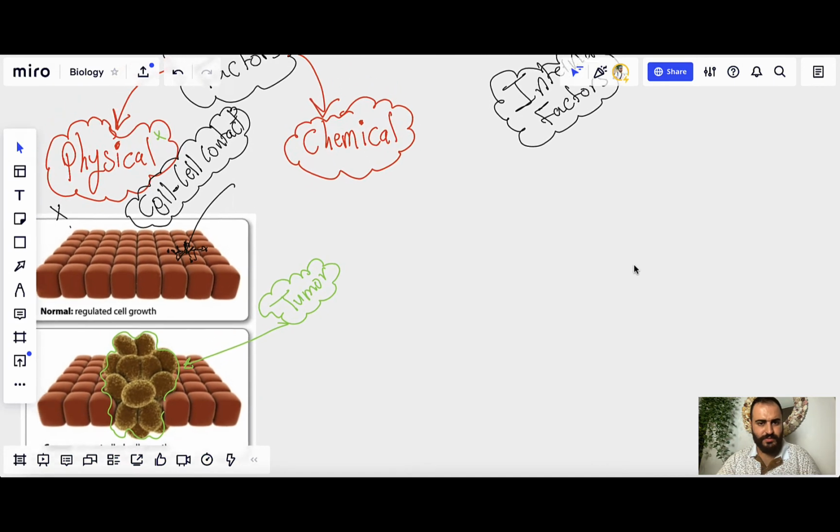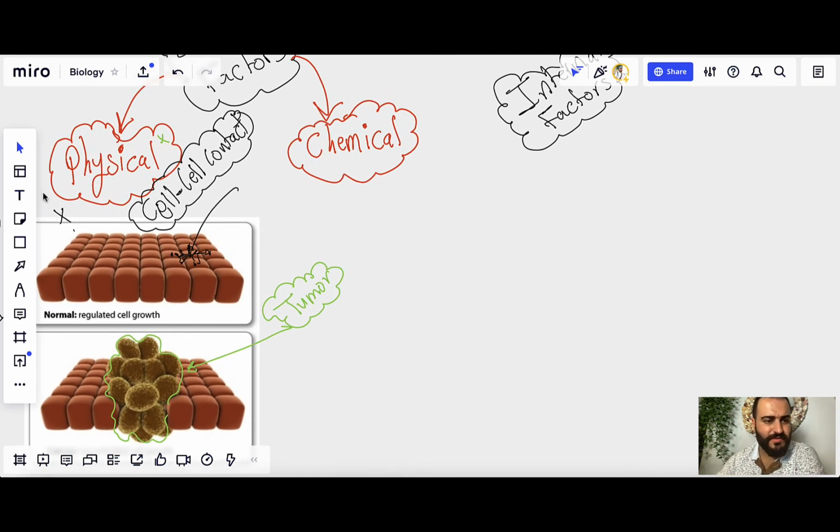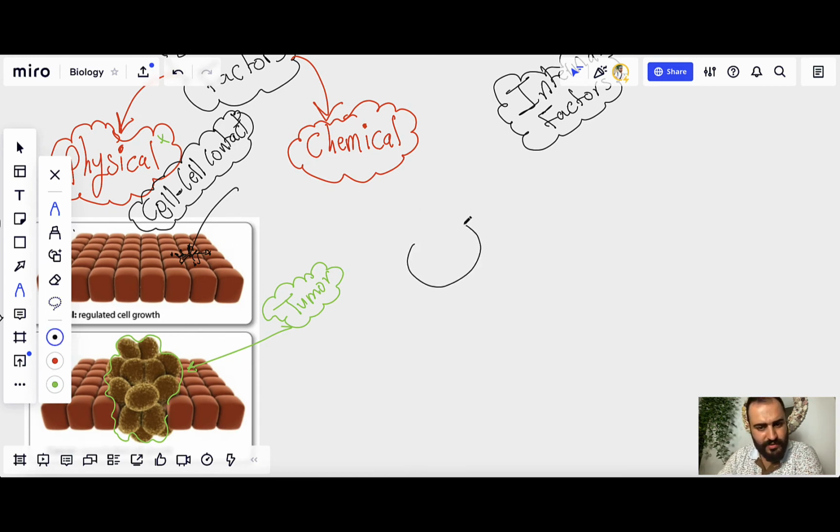Chemical control has to do with signals, external signals that are received by the cell. So if I consider this is the cell, DNA, whatever. At the surface of the cell, there are membrane proteins.